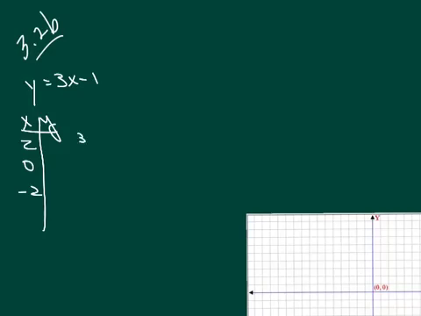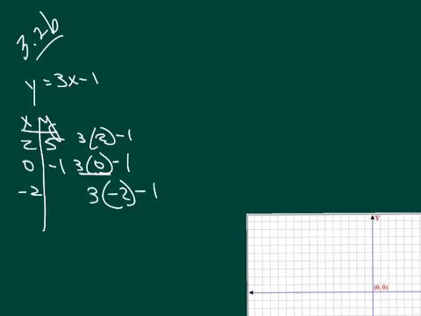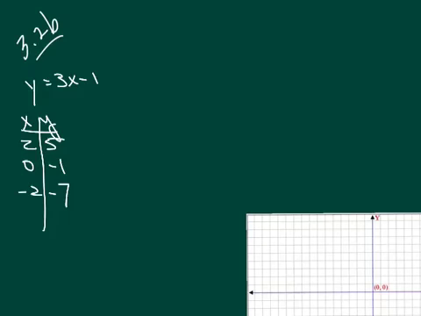So we put 3 times 2 minus 1, so that's 6 minus 1, that gives me 5. 3 times 0 minus 1, so this is 0 minus 1, which is negative 1. This one is 3 times negative 2 minus 1, and this is negative 6 minus 1, that gives me negative 7. So that gives me my 3 points.